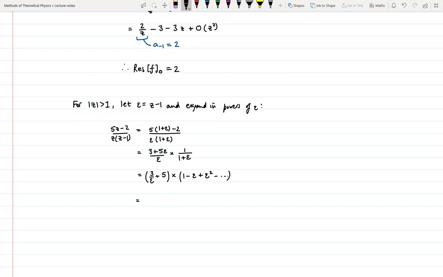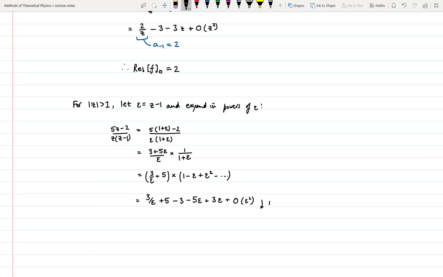Multiplying this out, we have 3 over epsilon plus 5 minus 3 minus 5 epsilon plus 3 epsilon, and then all higher terms are going to be of the order epsilon squared.